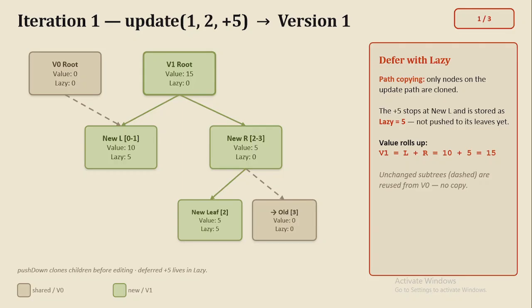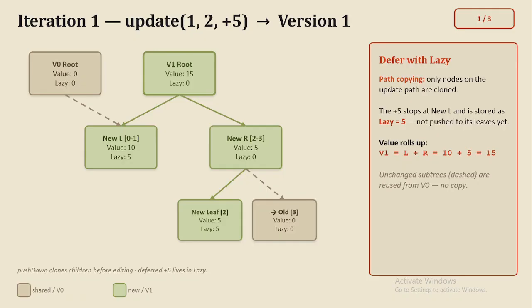The left child covers indices 0 to 1, and since the update fully covers it, we stop there. We store lazy 5 and set value 10 without touching its leaves yet. There's lazy propagation in action, deferring the work. The new version 1 root rolls up 10 plus 5 equal to 15. Here everything else is reused from version 0.